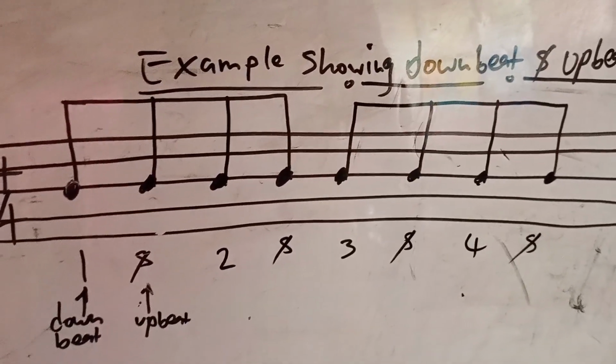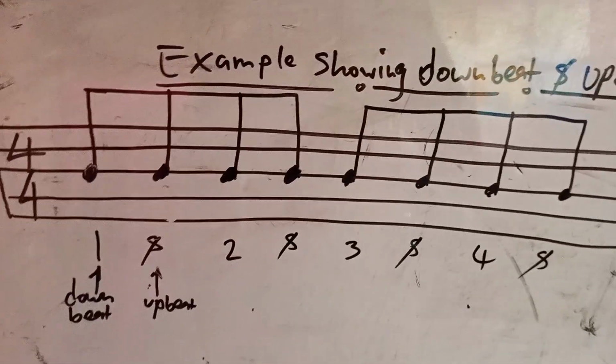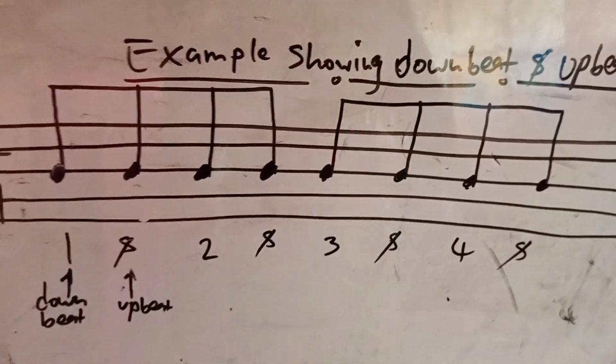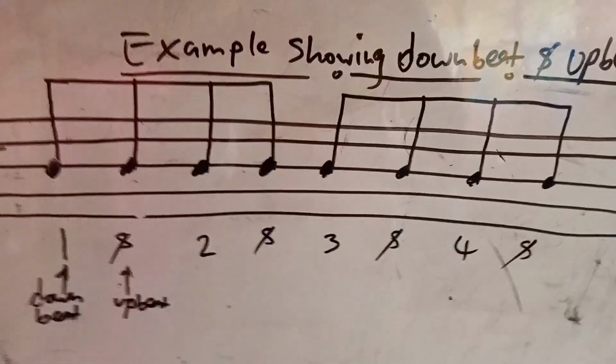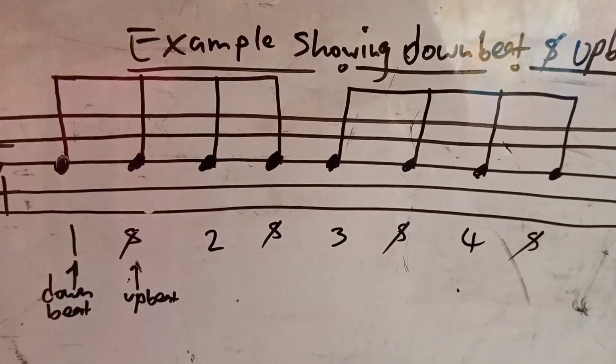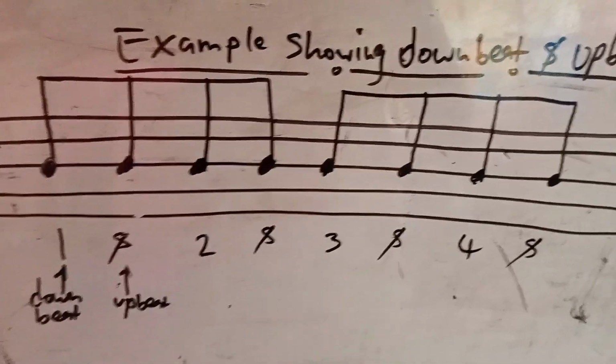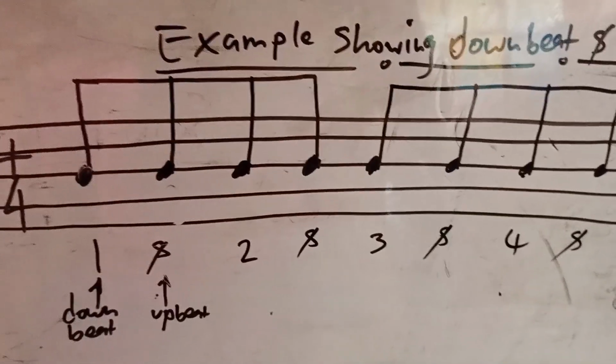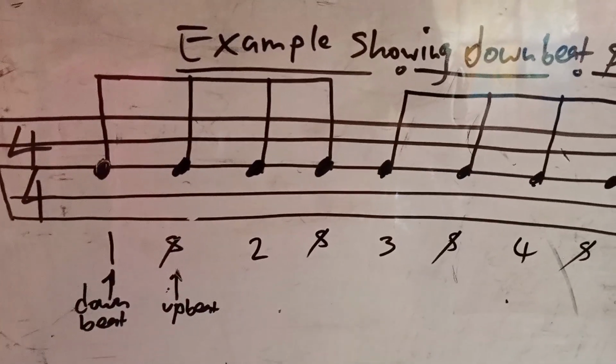Usually, towards the end of the bar, that's where we find the upbeat. It's softer, and we begin the new bar with a stronger beat, which is our downbeat again. So that is how it works.